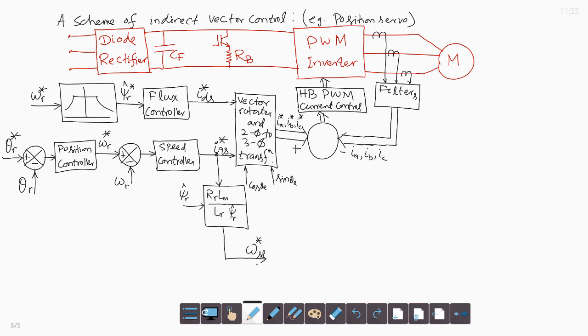Omega SL star. With this, rotor speed is added: omega SL star plus omega r is omega e.